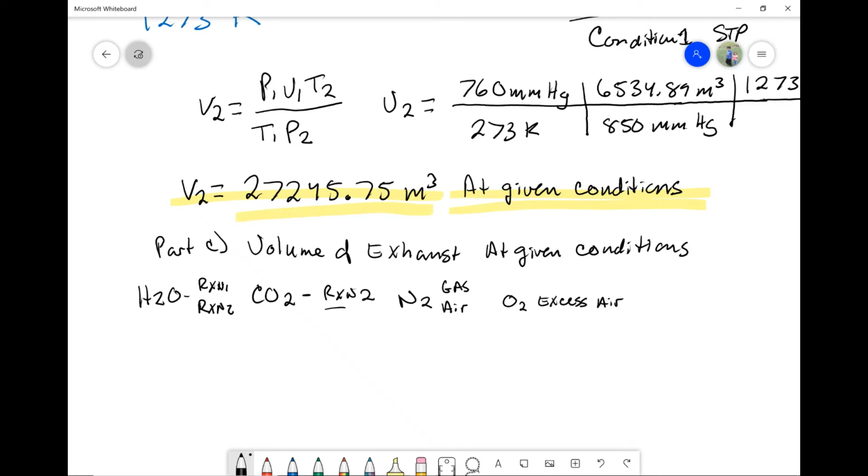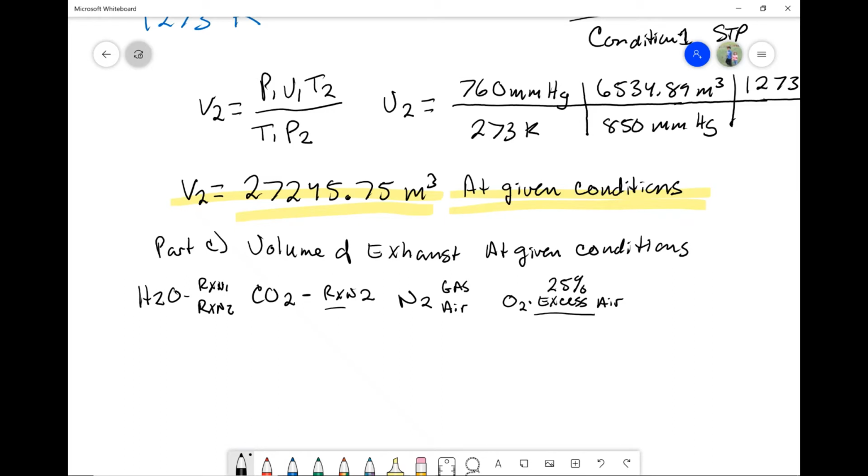And so the N2 from the air is the total air, because the N2 is never consumed. I'm specifying that the O2 came from the excess air because we're assuming that anything below that 25% extra was consumed by the reactions. So I'm going to put 25% excess air.